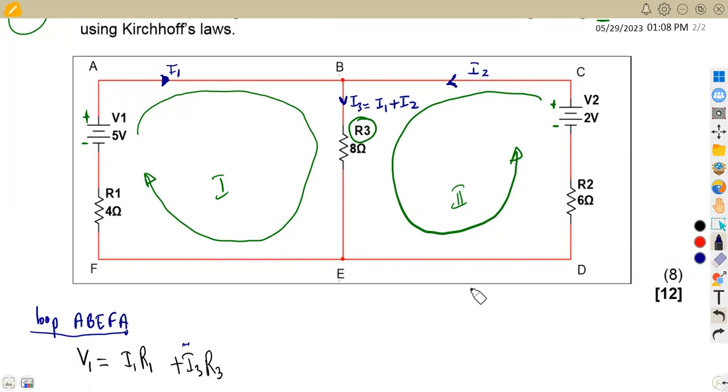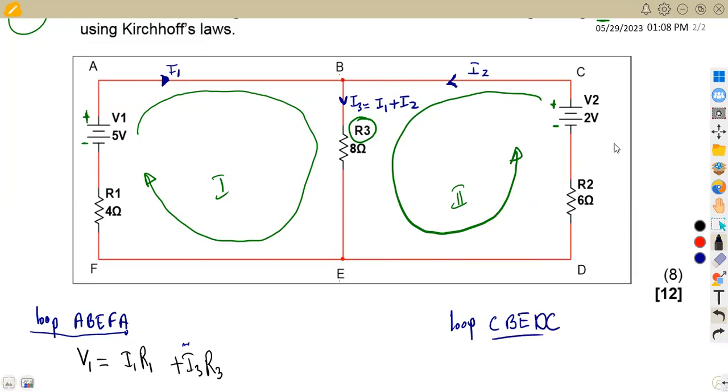Okay, so here we can also take loop 2, which is the loop from C to B to E to D, and back to the point C. All right, so this is the loop that we're going to consider here.